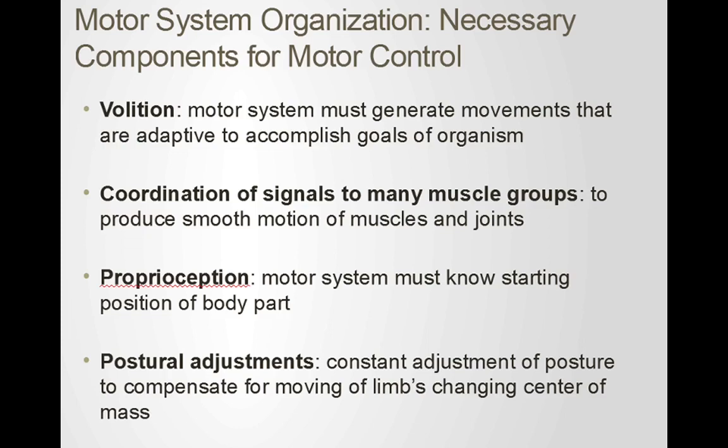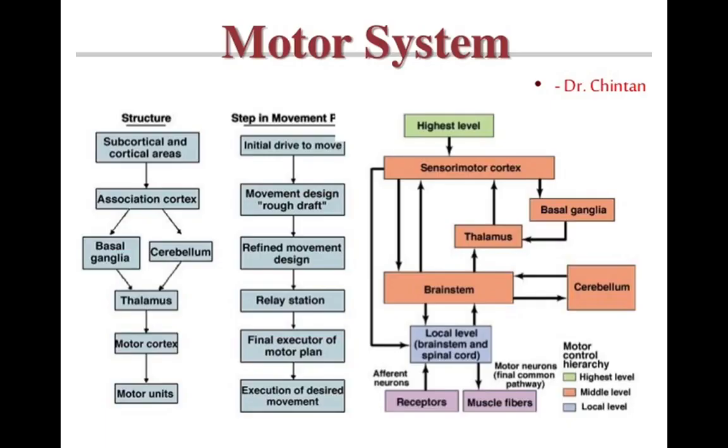Okay, so these are various functional components of the motor system, and the motor system therefore consists of a number of components. That eventually leads to the production of a meaningful, target-oriented assumption of posture and execution of movement.